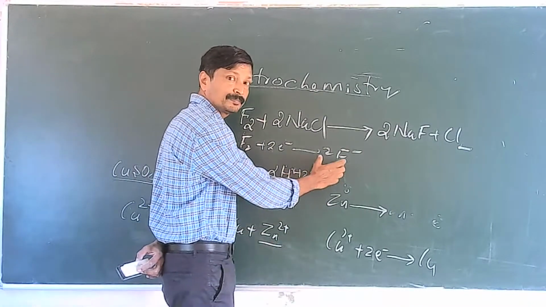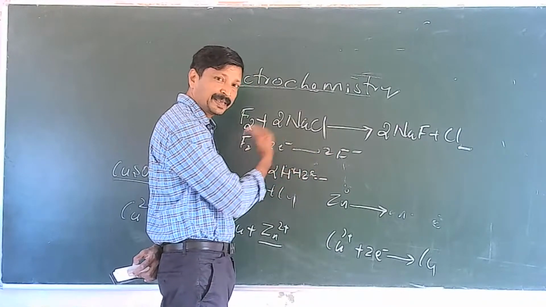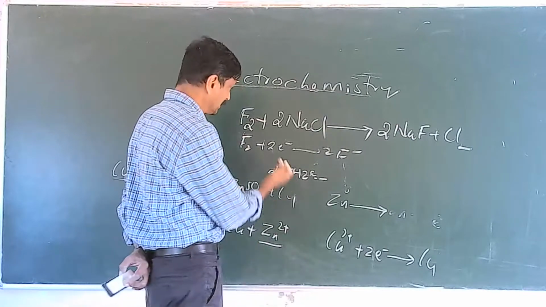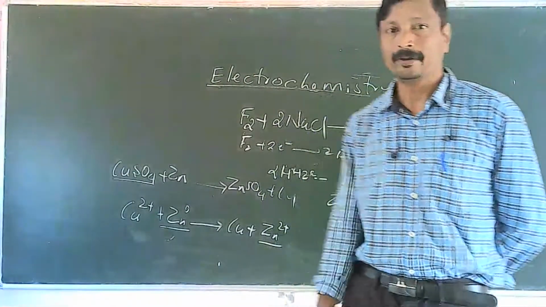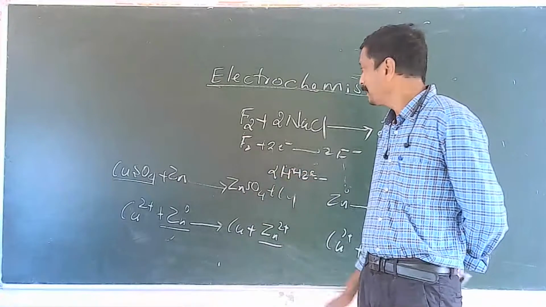This is a reduction. Reduction means the gaining of electrons. In the reduction reaction, you have to write the electron on the reactant side. So gaining of electrons means you write it at the reactant side.